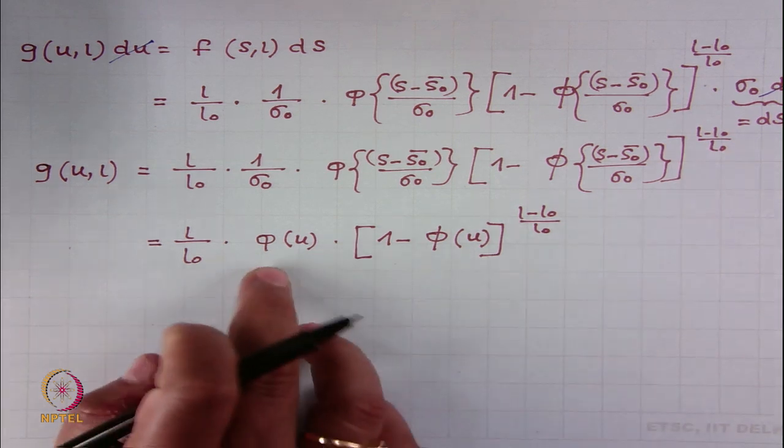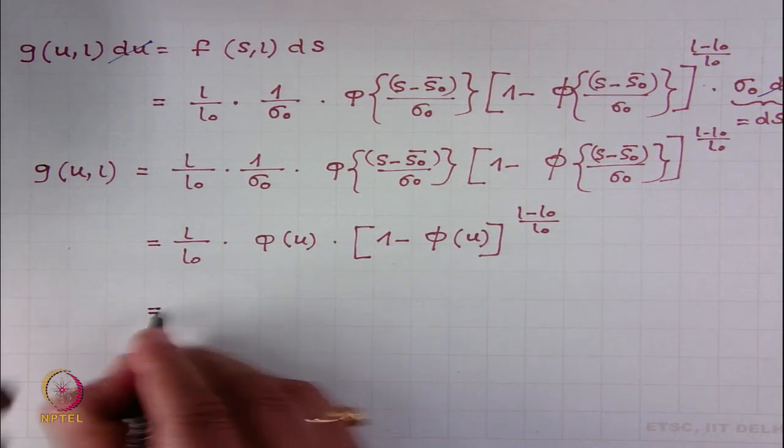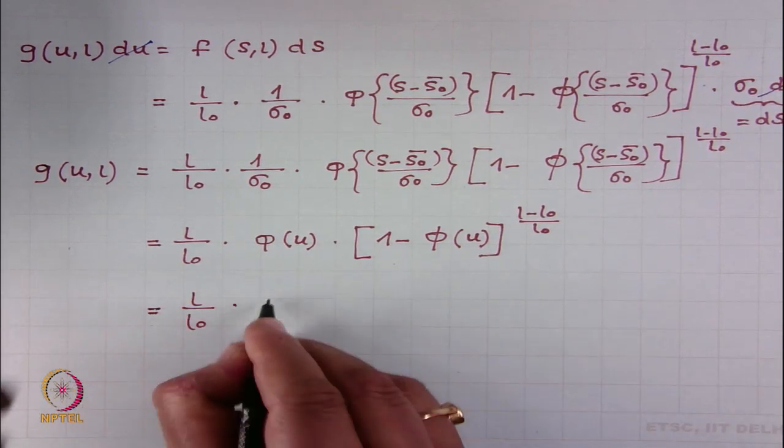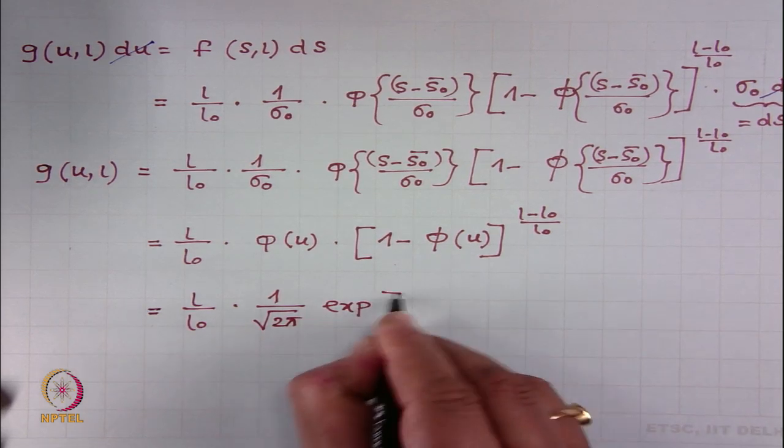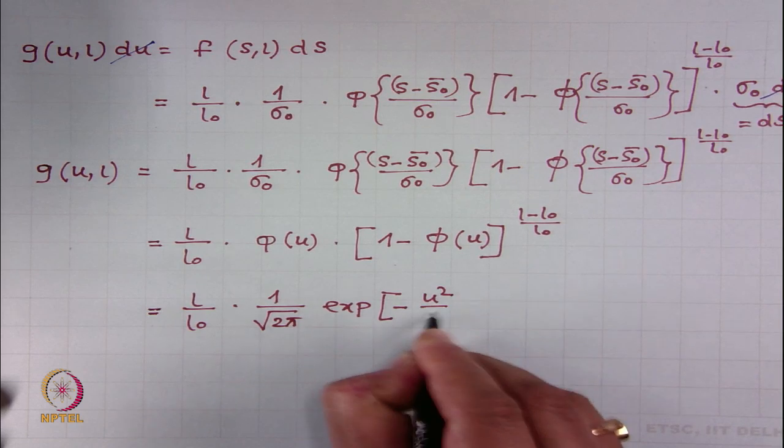What is phi of u? It is 1 by root over 2 pi, e to the power minus u square by 2.